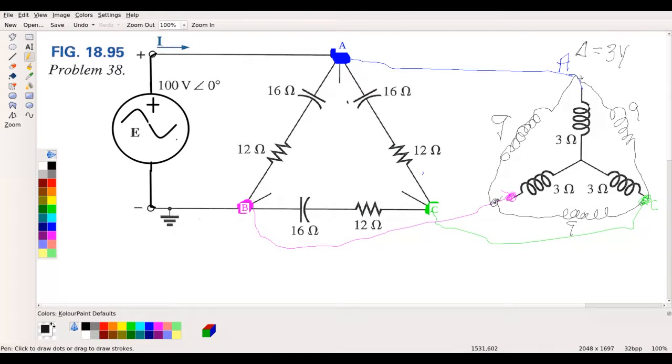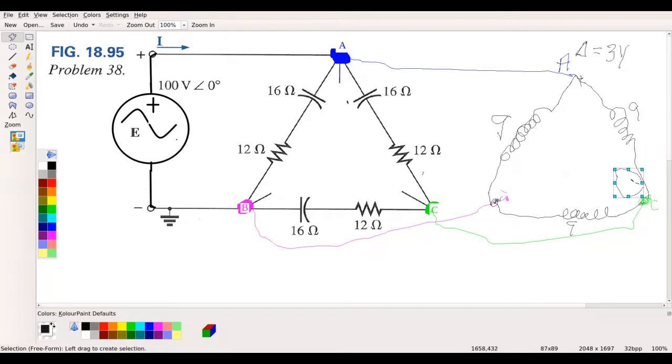That allows us to replace this Y connection with a delta connection.